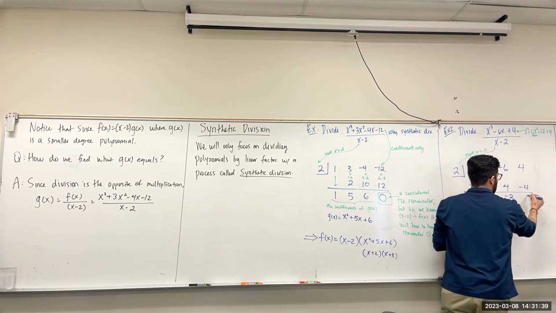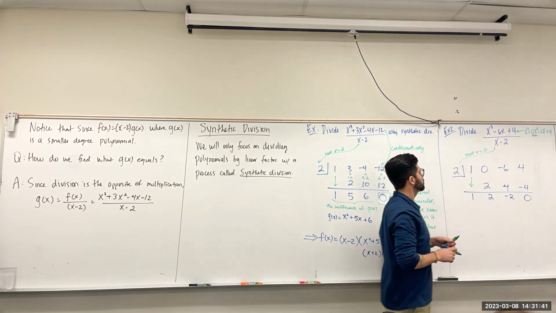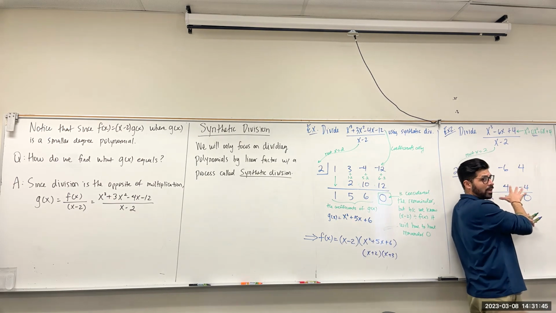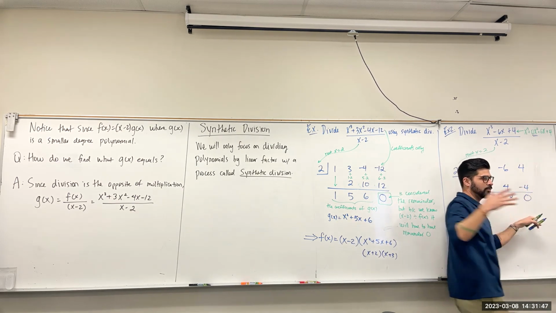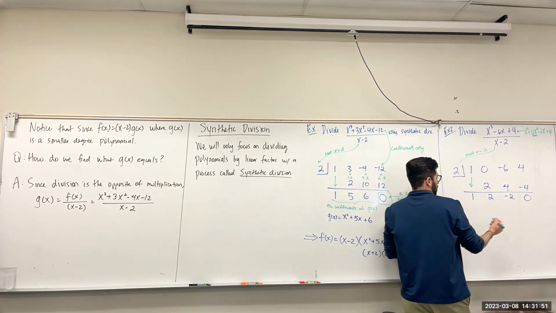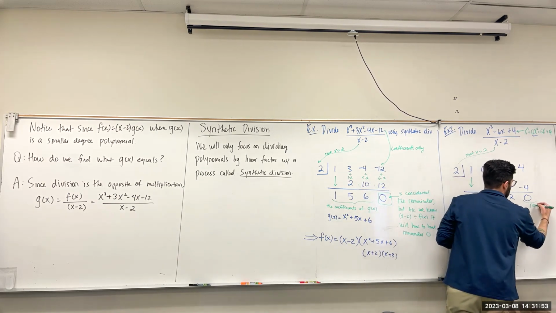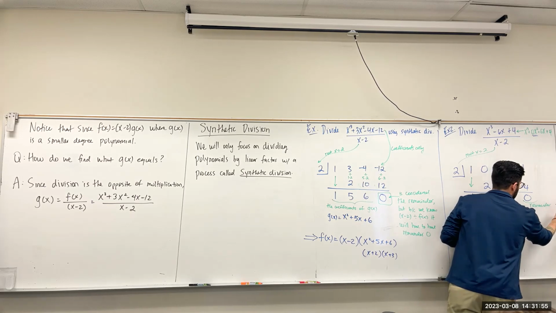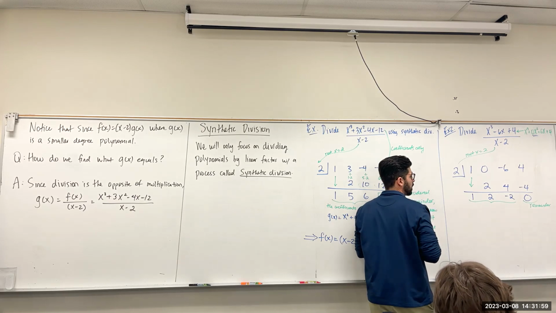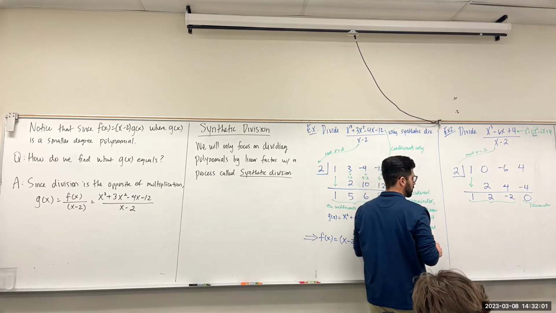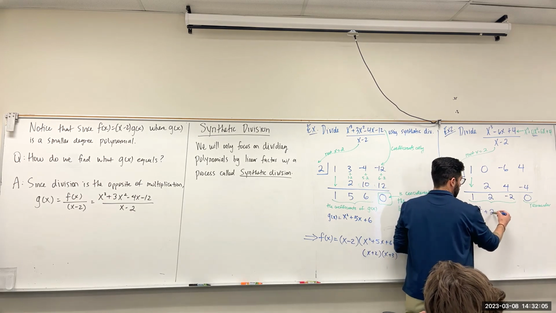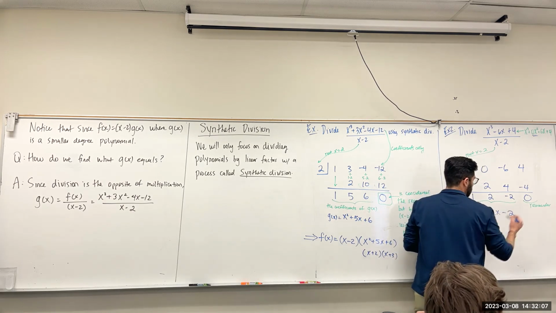And it has to give you a remainder 0, and the problems I'm going to give you will have to have remainder 0, because we're trying to factor this. So this is my remainder. Now you end up with your polynomial here, which is x squared plus 2x minus 2.